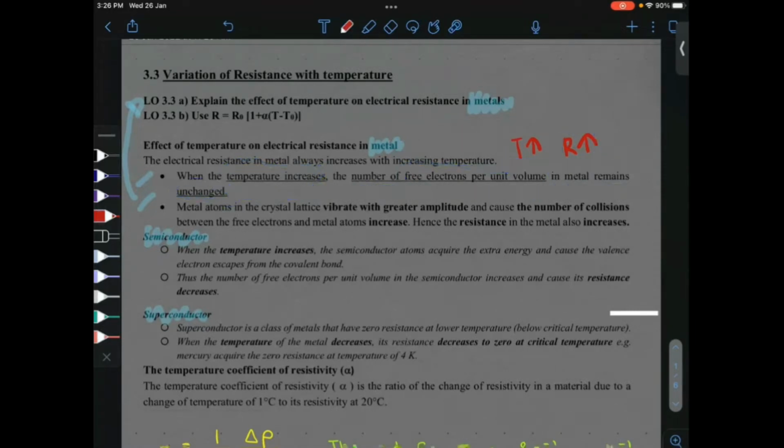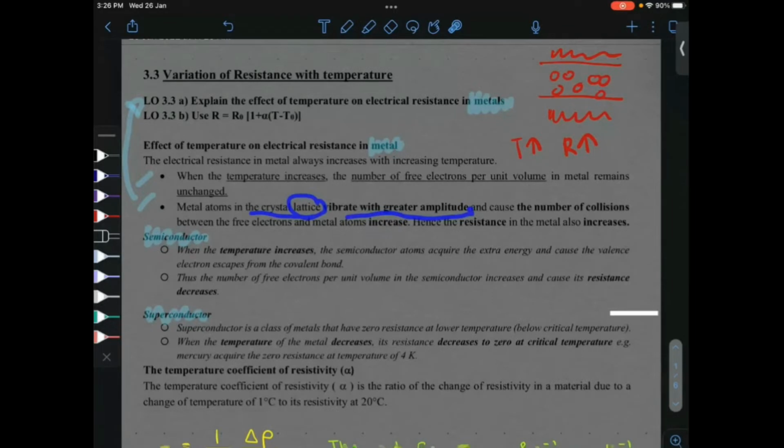Okay, so katakan ini metal kamu dekat dalam ni, so as you heat up, maksudnya temperature dekat luar ni berubah. Okay, so the number of electron per unit metal ini, bilangan dia tidak akan berubah, dia remain unchanged. However, the metal atom in the crystal lattice vibrate with greater amplitude.